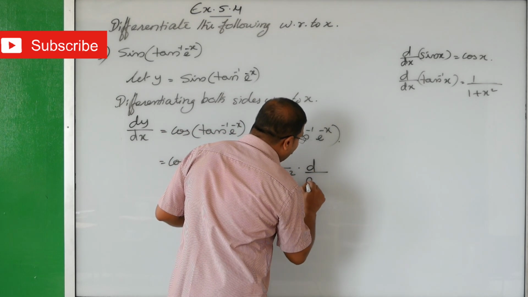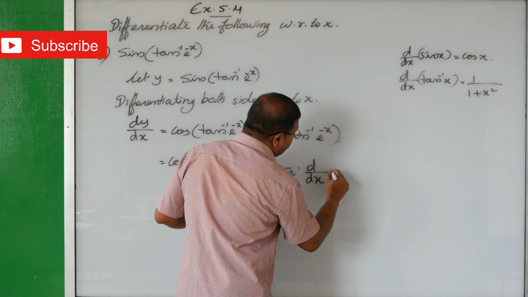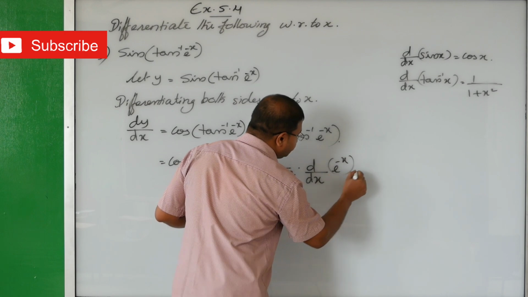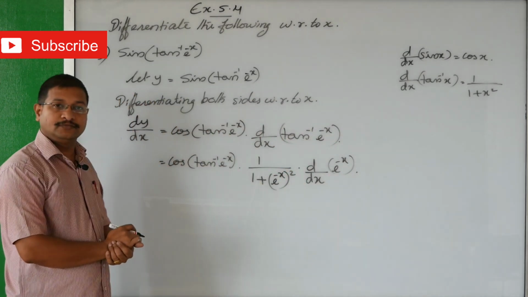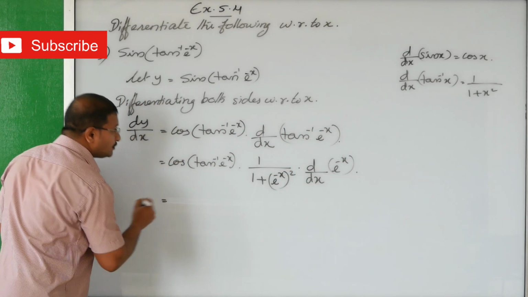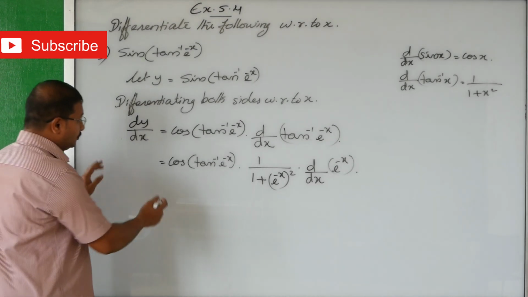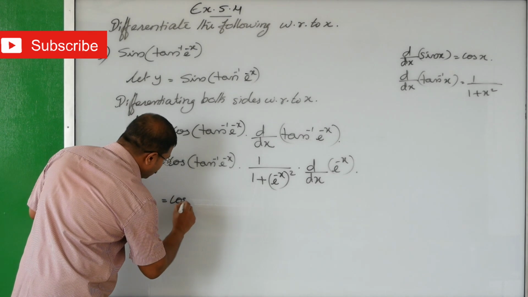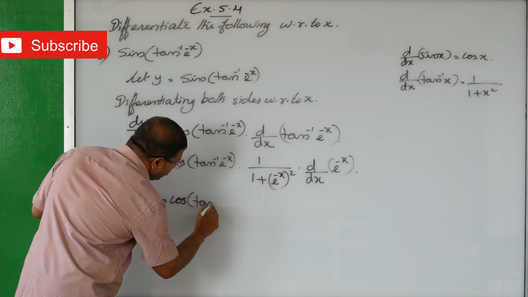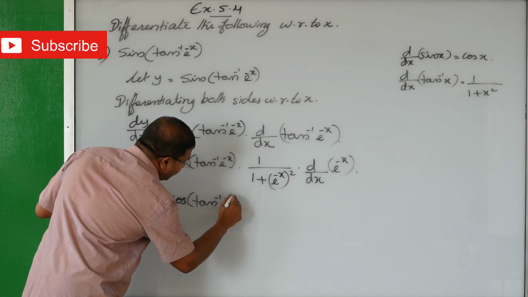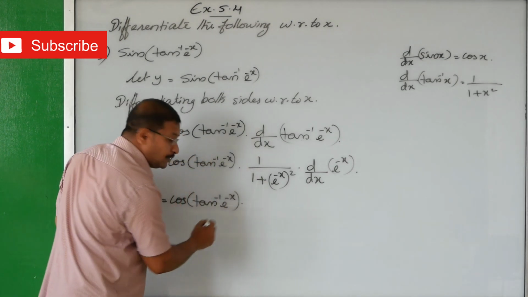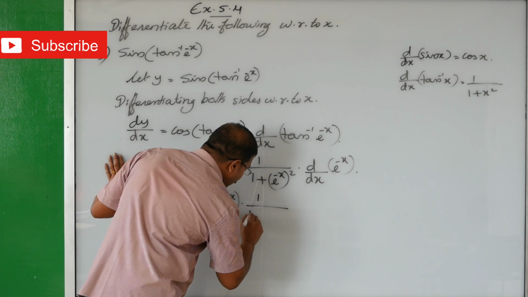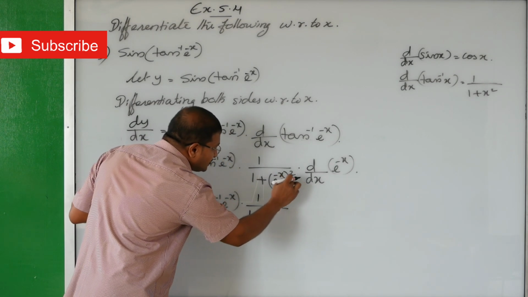What you'll do now? The derivative of e raised to minus x now. Ready? This equals, same, cos of tan inverse e raised to minus x into 1 by 1 plus e raised to minus x the whole square.